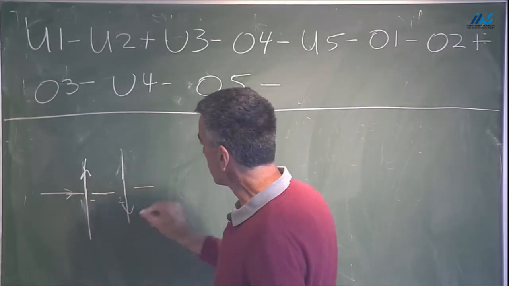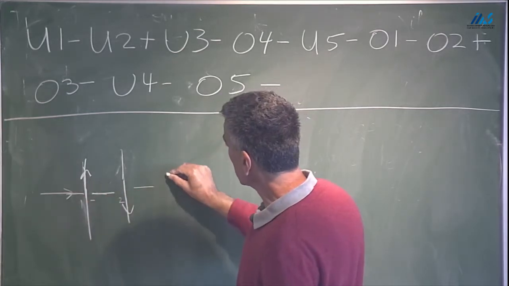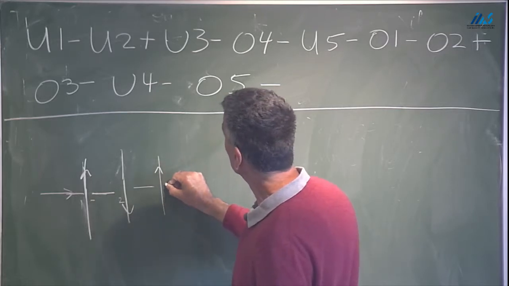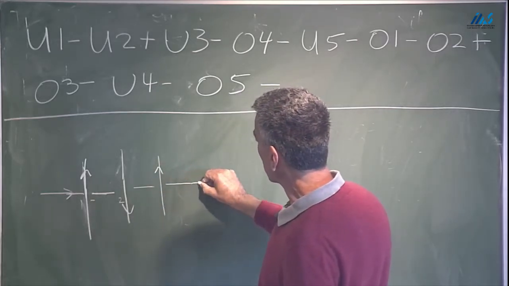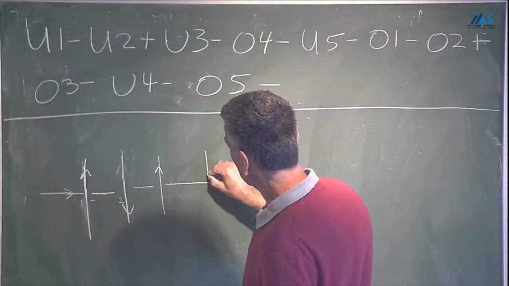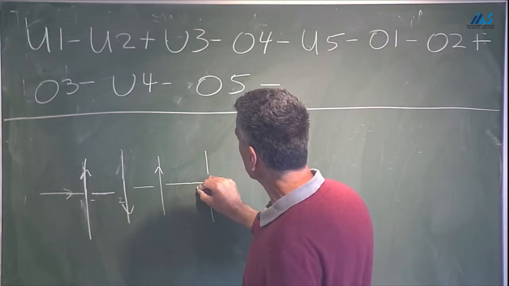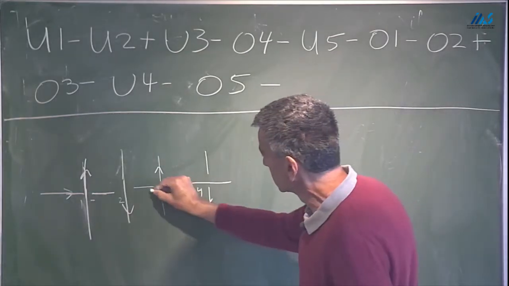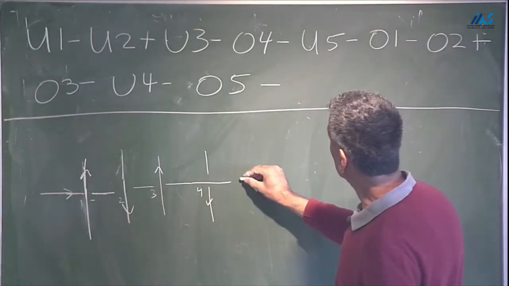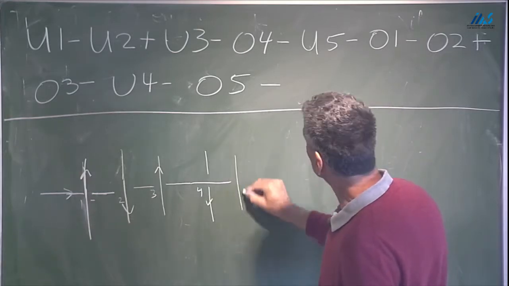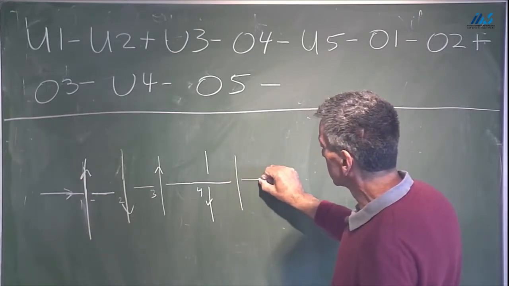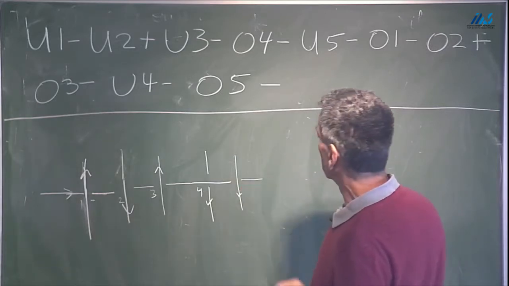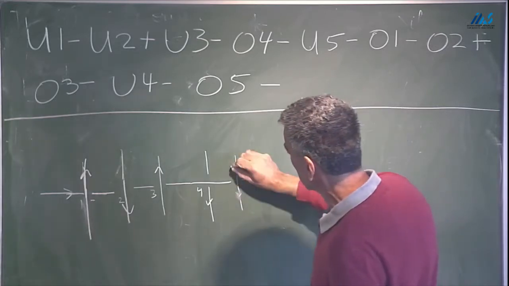So this is 1, 2, and then under 3 minus, and then over 4 minus. And then under 5 minus, minus.